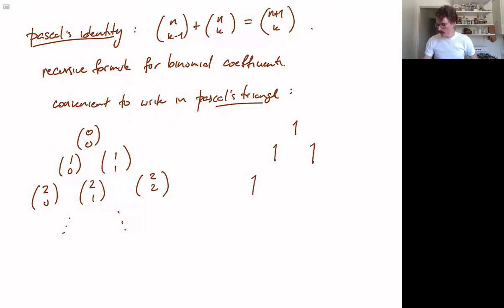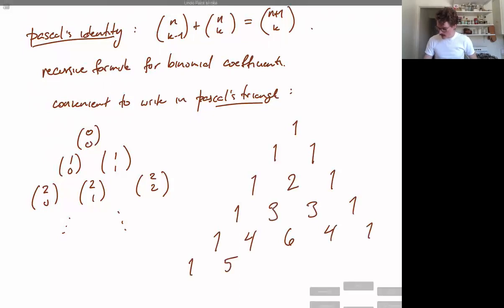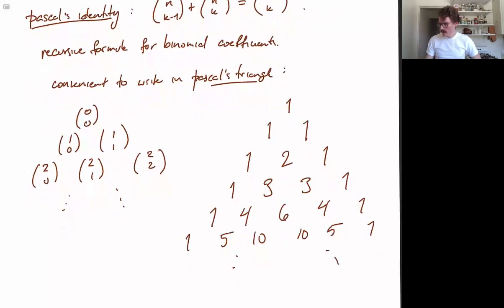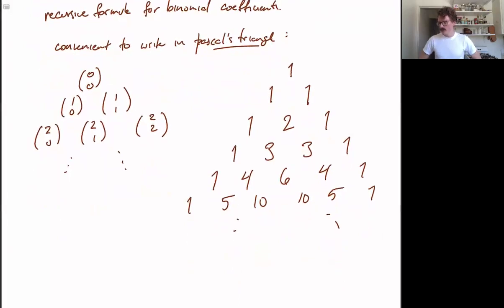And then continuing, we get 1, 2, 1, which is the sum of these guys. 1, 3, 3, 1, 1, 4, 6, 4, 1, 1, 5, 10, 10, 5, 1, etc. And the point of Pascal's triangle is basically just that it's a very useful way to visualize and work with binomial coefficients.